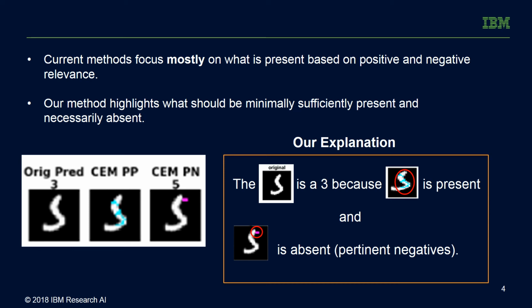Given this, our overall explanation would be of the form which is shown in the highlighted box, that the original image is a 3 because the cyan pixels are present and because the pink pixels are absent. And thus, this leads to much more well-rounded explanations.